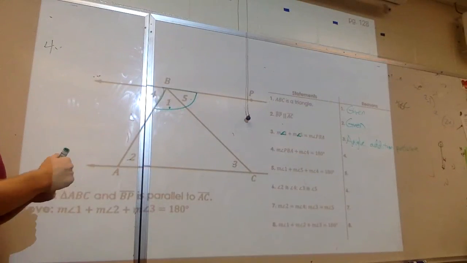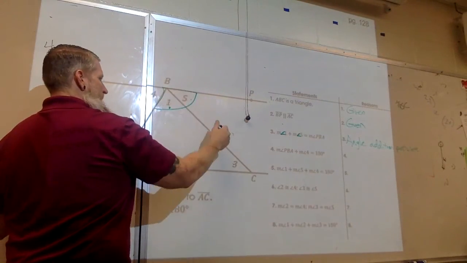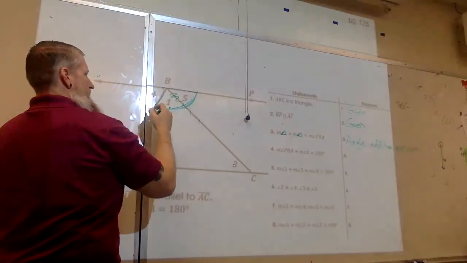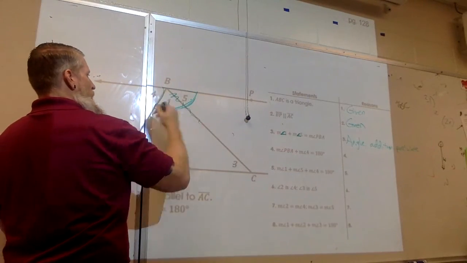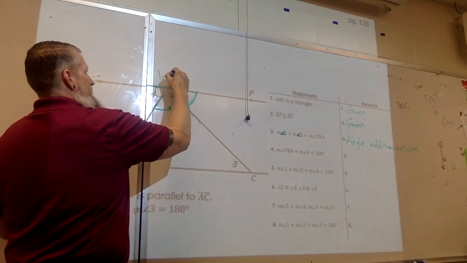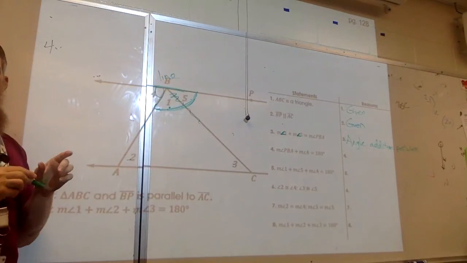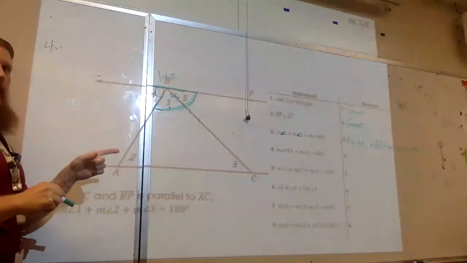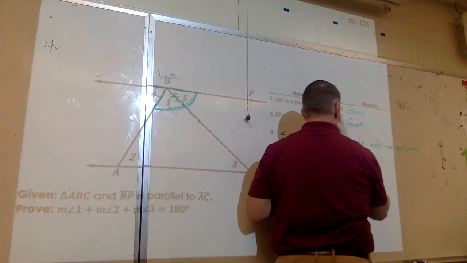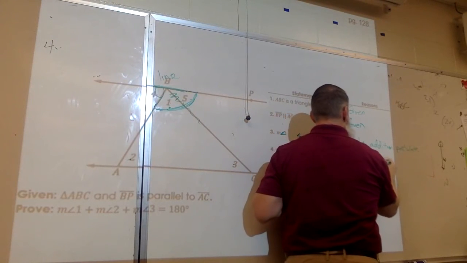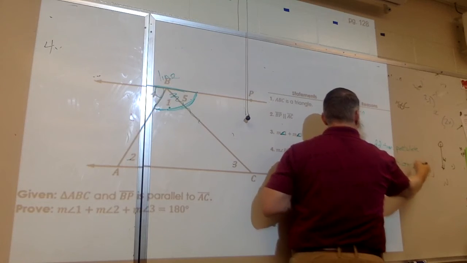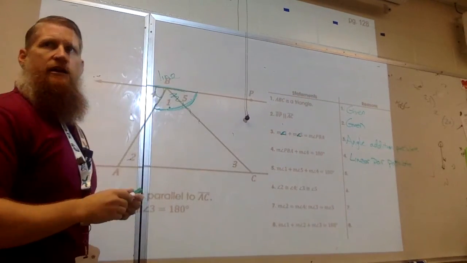Now, in the picture, I understand that this line is here, but since I've created a larger angle, pretend it's gone now. Because if I take this whole angle right here and add it to this one, that makes a line. Okay? Which means that if it's a line, and I've got two angles, that's a linear pair.